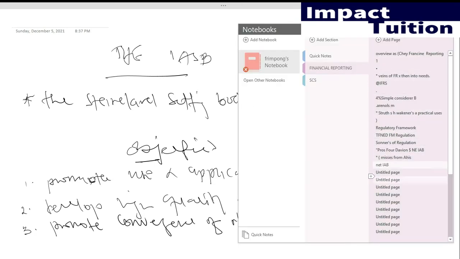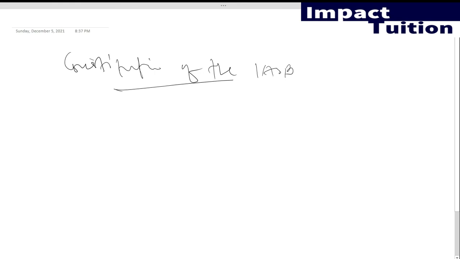Let's take a look at the constitution of the IASB. The IASB has 14 members. All these members have a very high level of technical expertise in accounting.